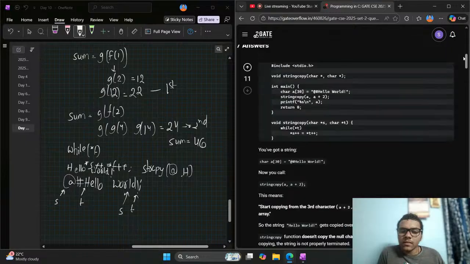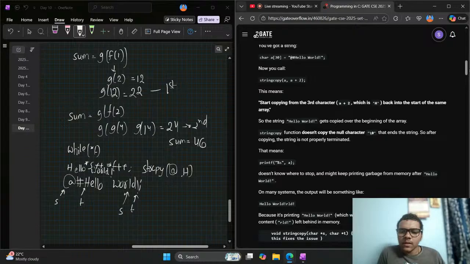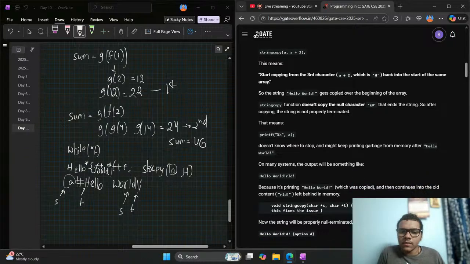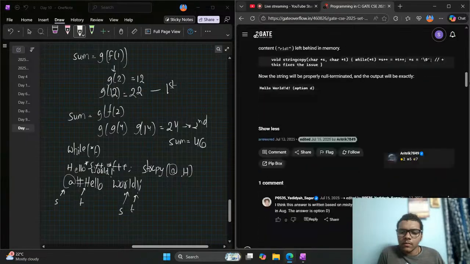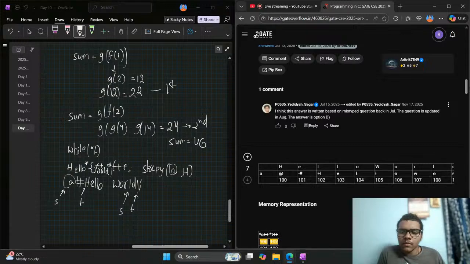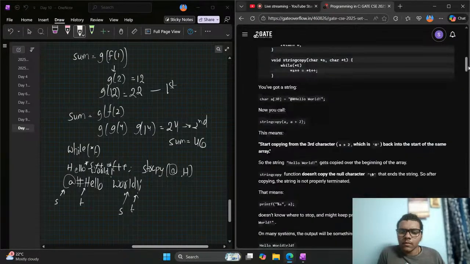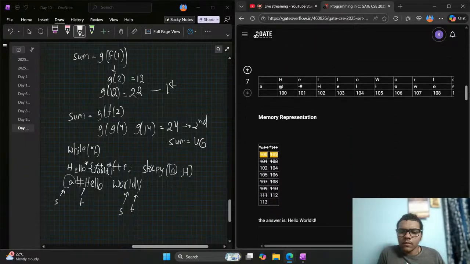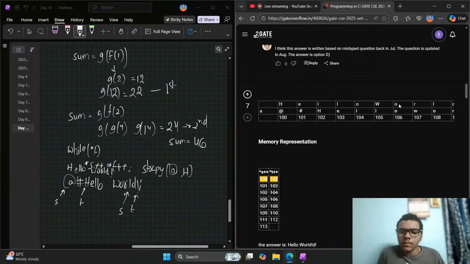String copy function does not copy the null character, so after copying, okay.